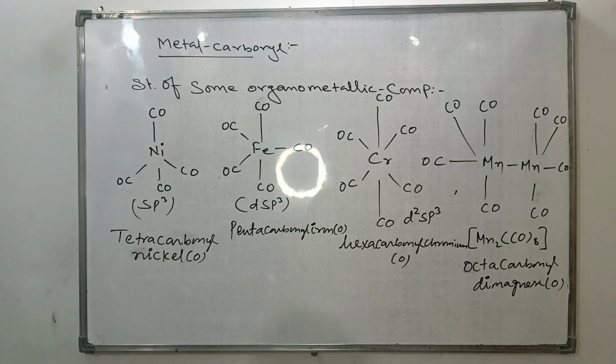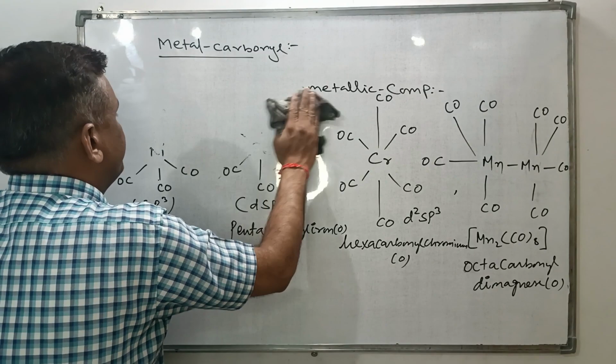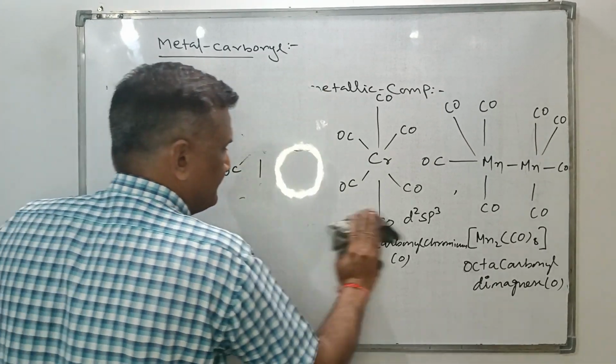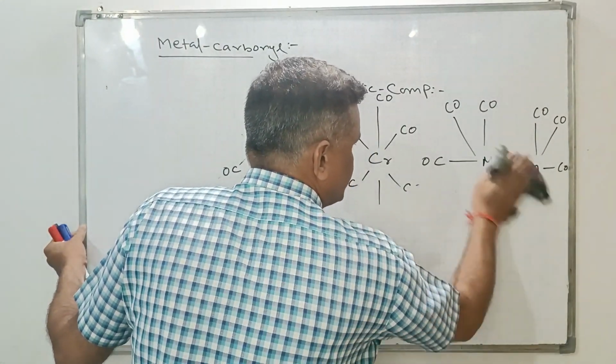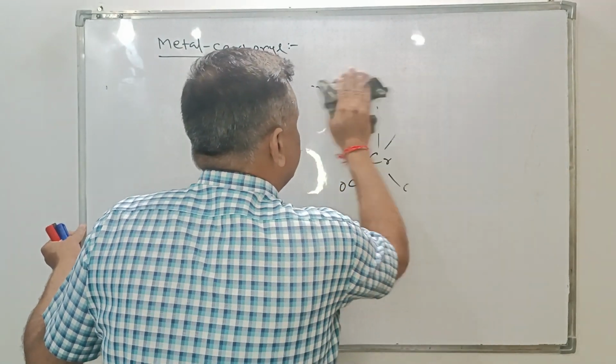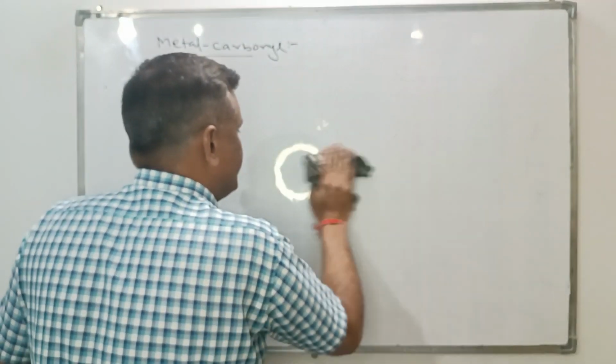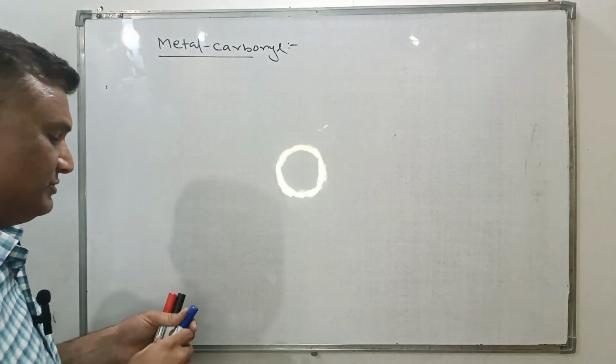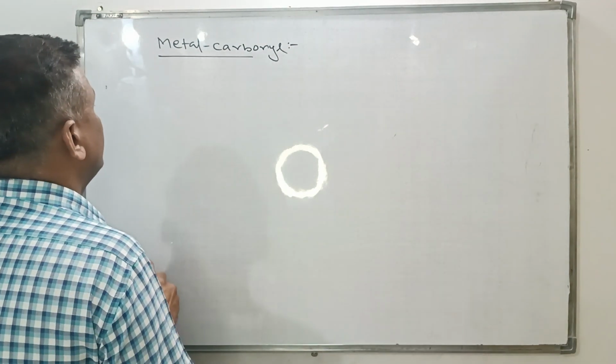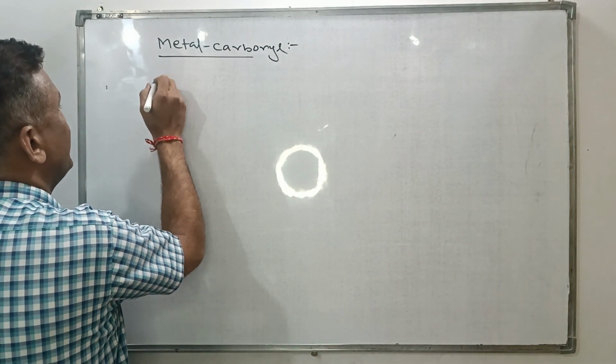Now I would like to go with the types of metal carbonyl. It's a very important and romantic topic regarding coordination chemistry. There are two types of metal carbonyl.